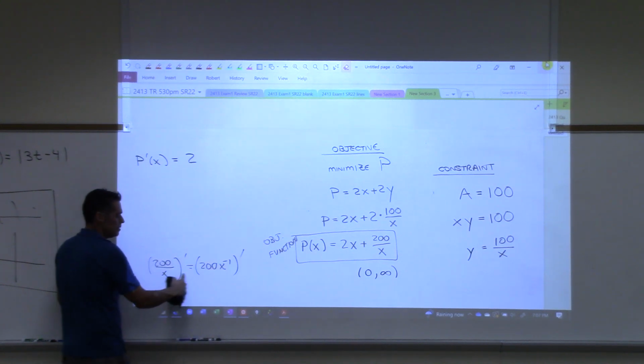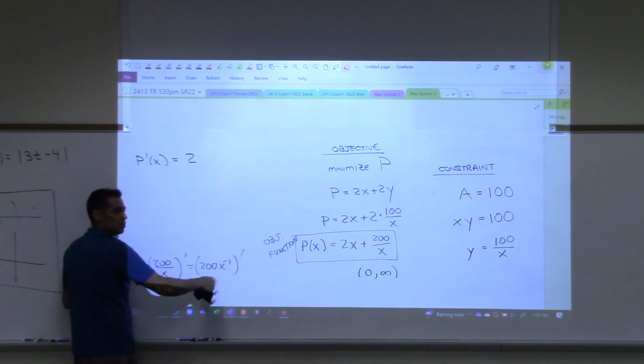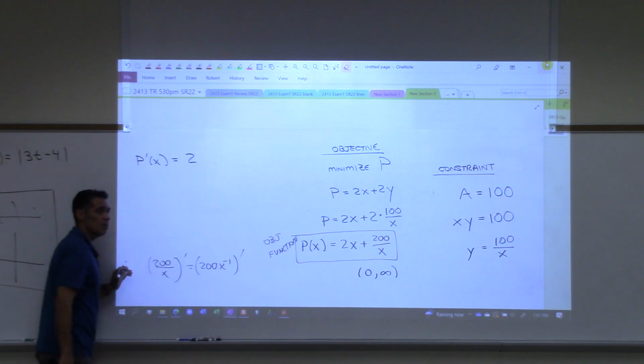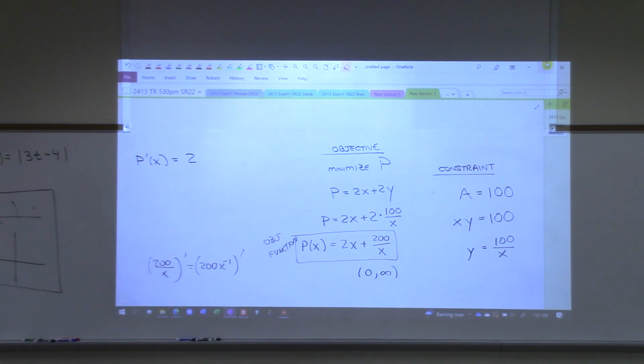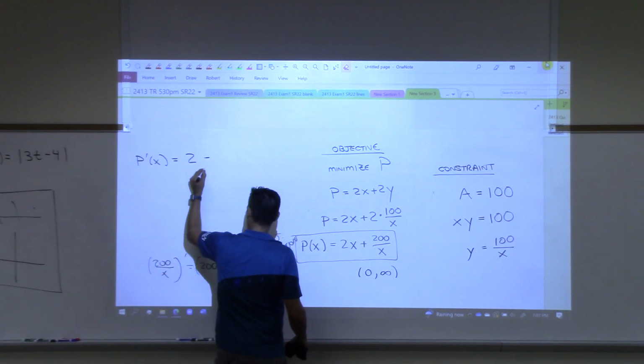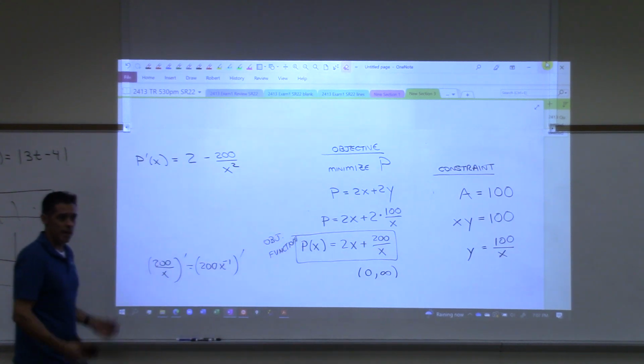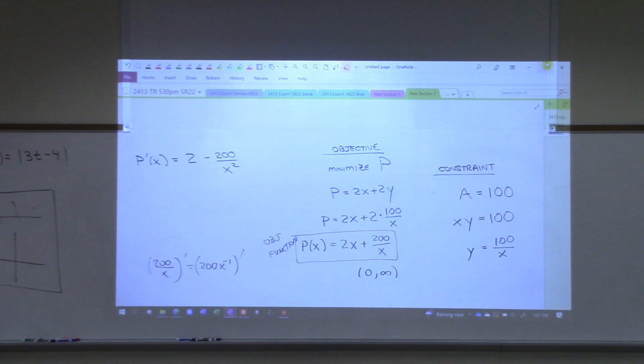That's really 200 x to the negative 1, so do your power rule here. That would be negative 200, x to the negative 2, drop that back down, so negative 200 over x squared. That's our derivative.